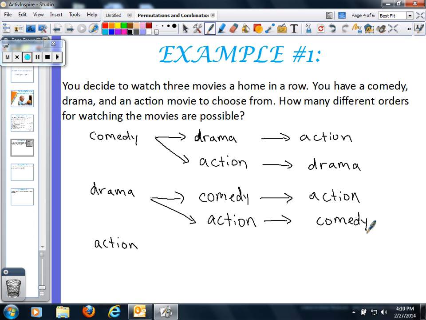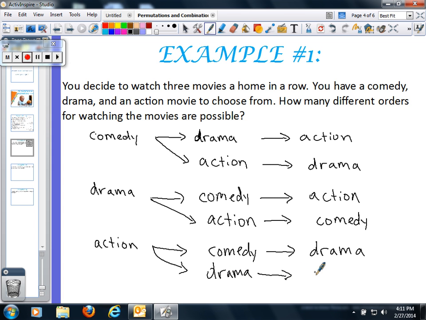And then we're going to do the last one. So I choose an action first. I'm going to choose a comedy second, which means I would have to choose a drama third. Or instead, I could choose a drama second, which means then I would have to choose a comedy third.